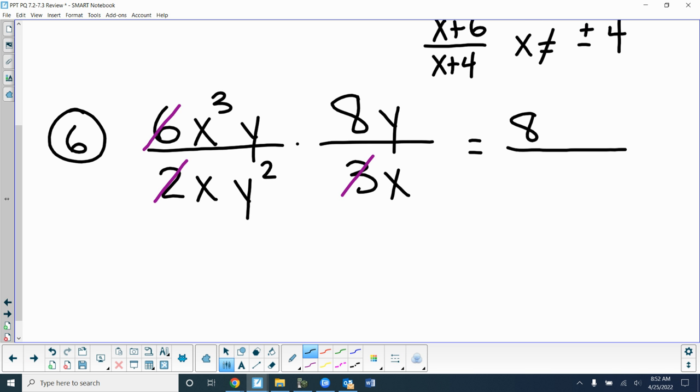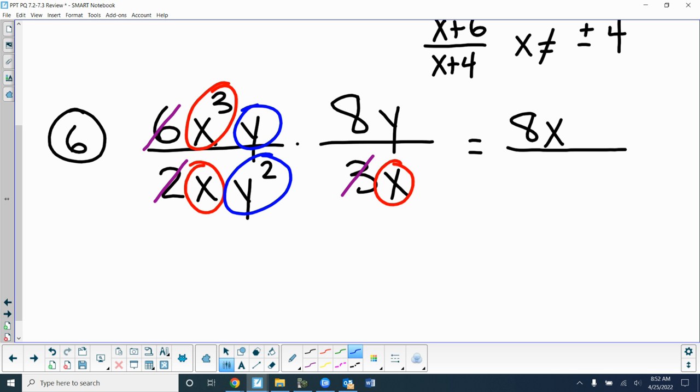Looking at the variables, I see 3 x's up top, 2 x's in the bottom. So where's the higher exponent, or the more x's? Top. All right. How many more x's up top? Just one. So there's 1 x up top. I look at the y's, I see 2 in the bottom and 2 in the top.